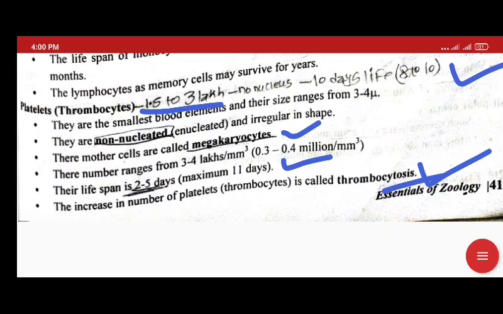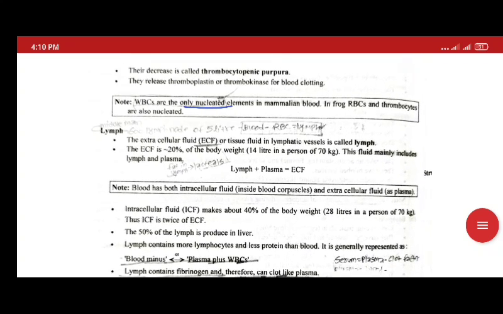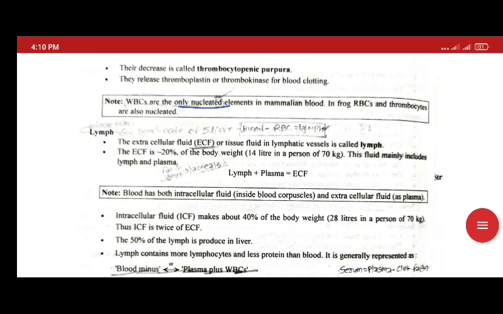Cytosis means formation, penia means decrease. Among blood formed elements, only WBC is nucleated, while thrombocytes or platelets and RBC are non-nucleated.